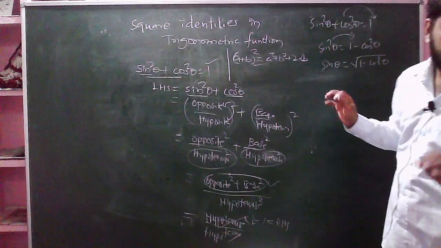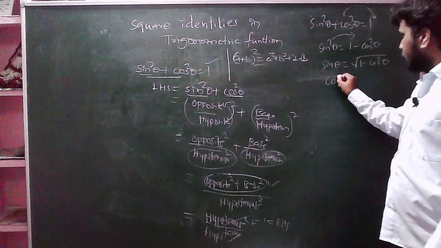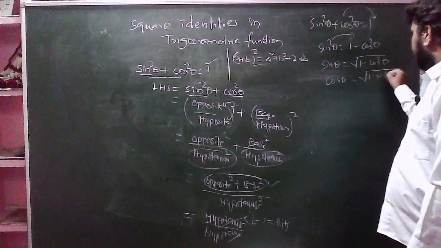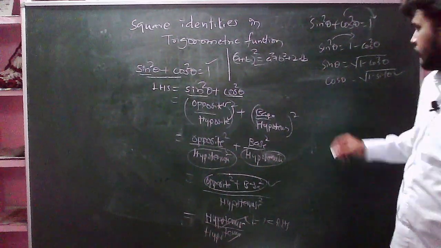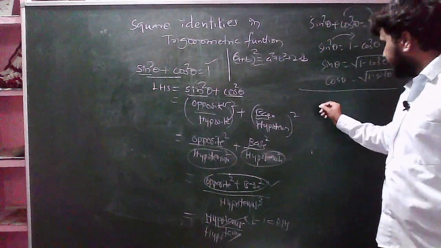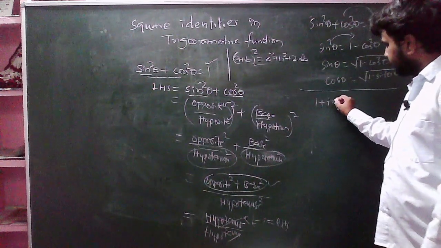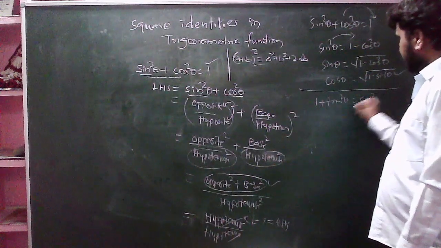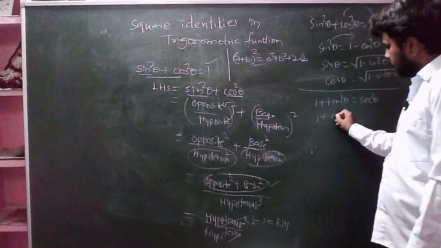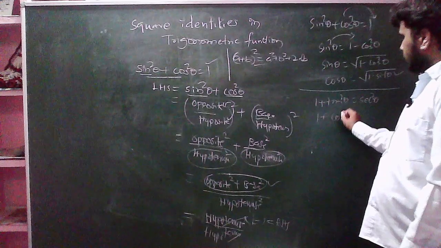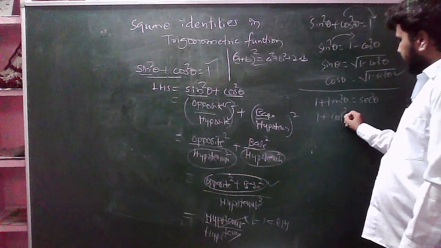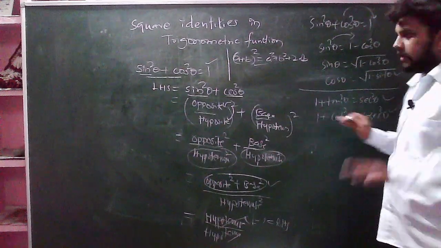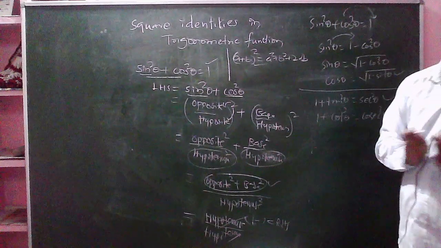Similarly, cos theta is equal to under root of 1 minus sin square theta. You can try this yourself. Similarly, we have two more identities: 1 plus tan square theta is equal to sec square theta, and 1 plus cot square theta is equal to cosec square theta. These are trigonometric identities.